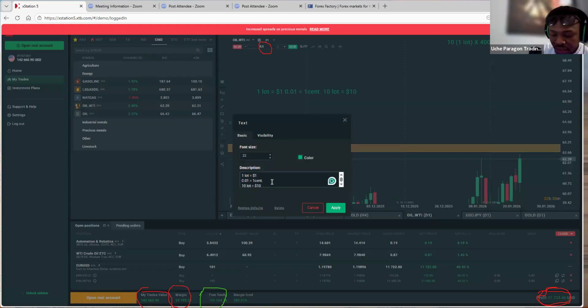In commodities like oil, one lot equals $10. Ten lots equal $100 movement.